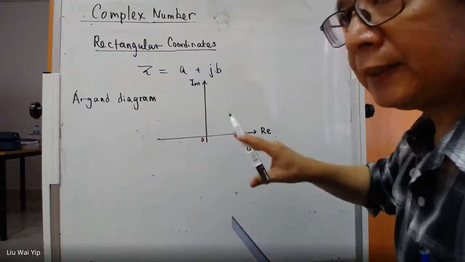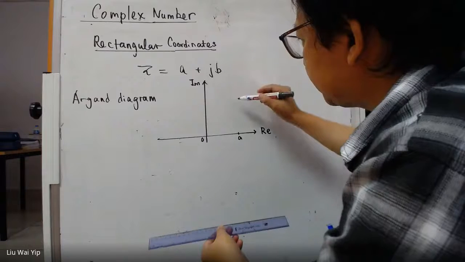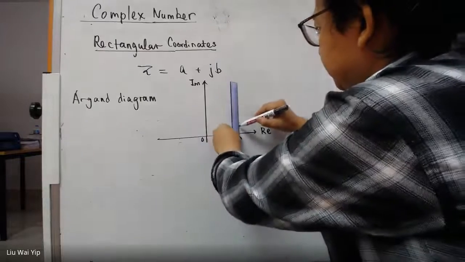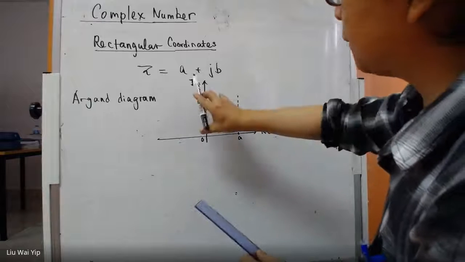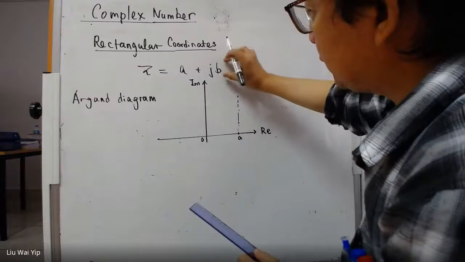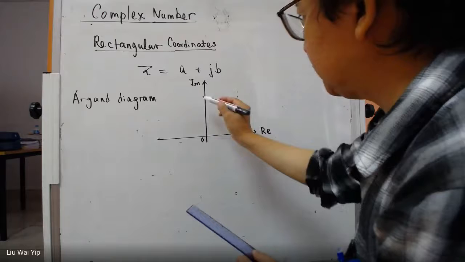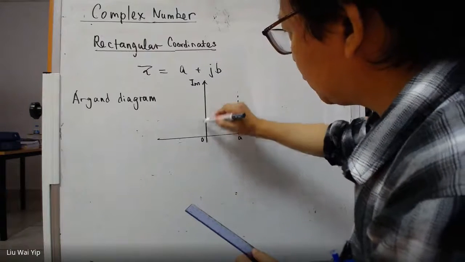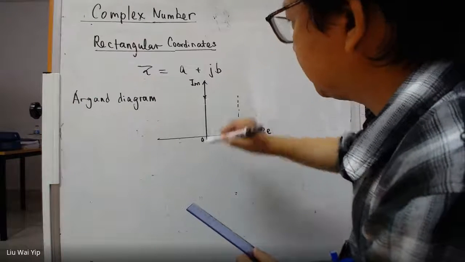The length here is A. We do the same for the imaginary part, B. We measure from the origin a distance B vertically.